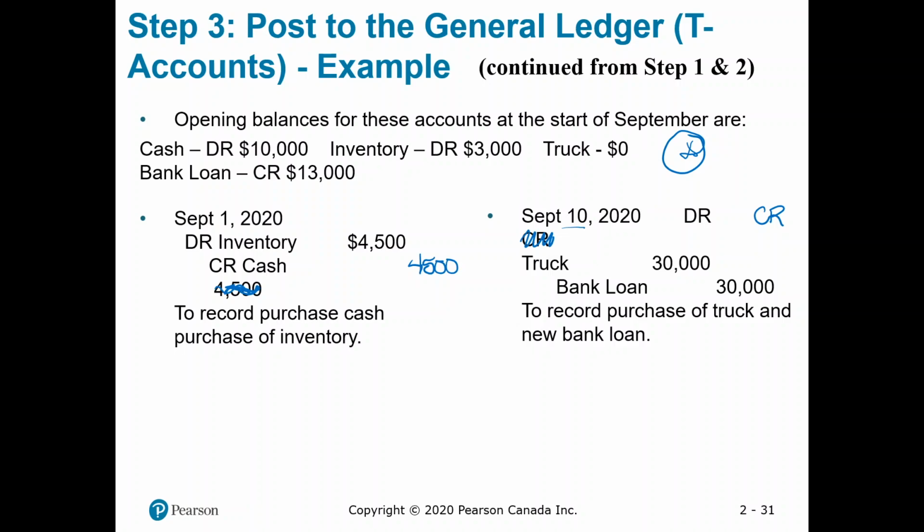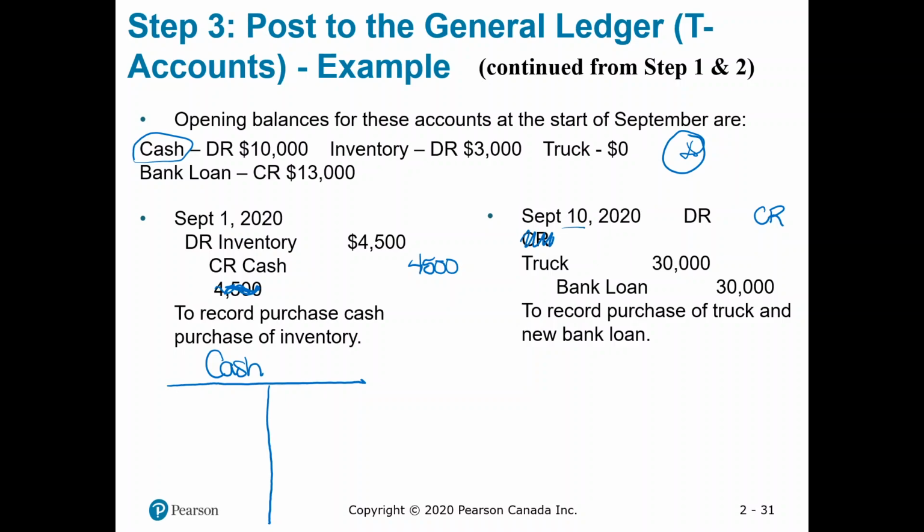So first off, we'll start with the cash account. So we'll just go ahead, draw a T account for cash. If you guys want to do this, I left a blank space for you on the next page, so you could do this here or there. I just want to be able to see all this.